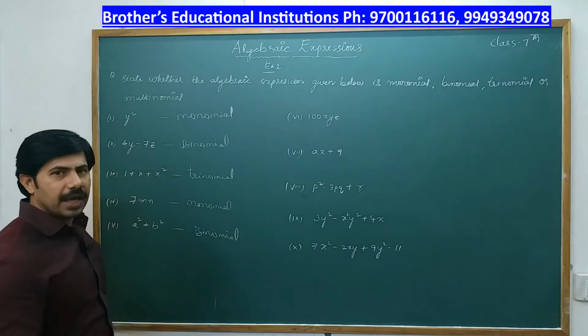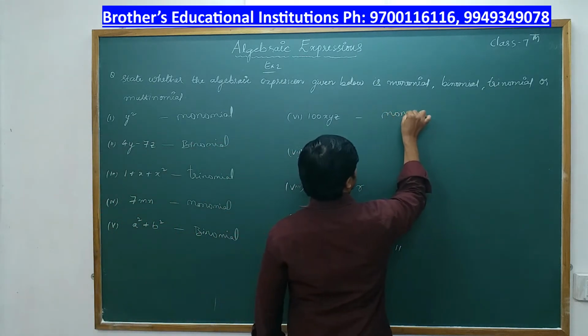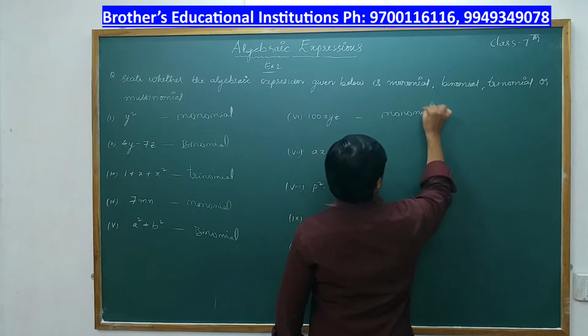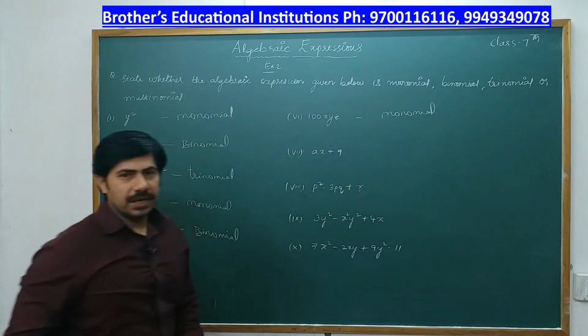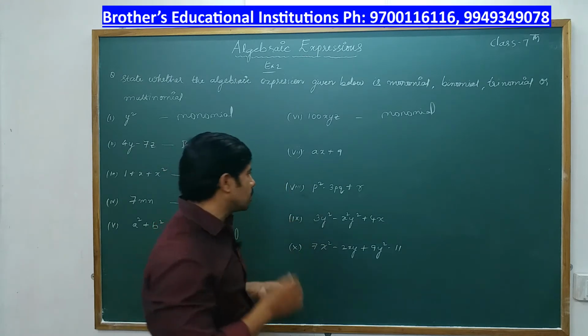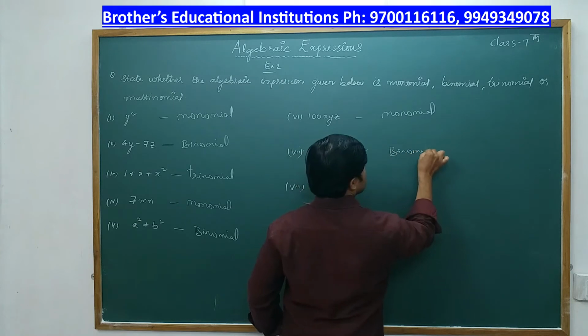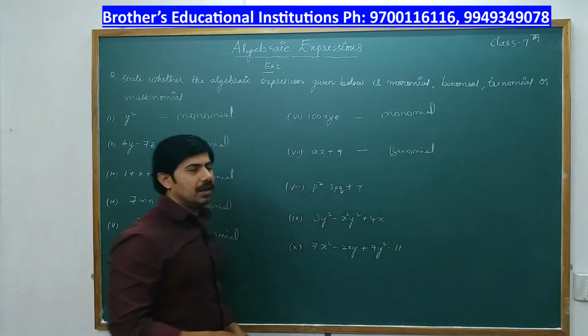After that, 100xyz, it is monomial, it is a single term. Then ax plus 9, two terms separated with a plus, ax is one term, 9 is another term. Two terms are separated with a plus, or sometimes it may be minus also, it is nothing but a binomial.